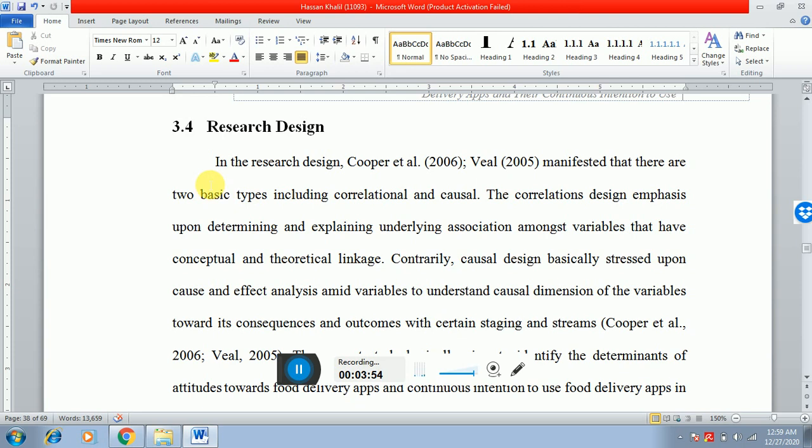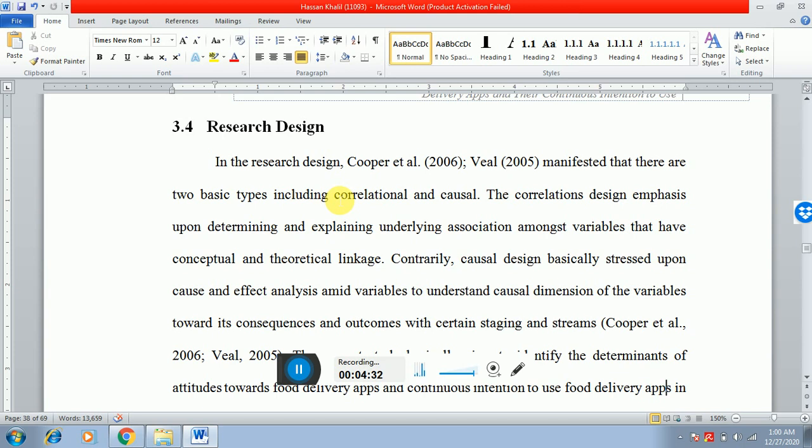Then research design. So basically research designs are of four types. One is descriptive, experimental, causal, and correlation. Descriptive, as I earlier told you, is what kind of research is called descriptive. Experimental studies are those studies in which you are going to perform some experiments, such as you are going to gather the data from 50 respondents by showing some kind of advertisement, or let's suppose you're going to give some burger, and then you are going to identify what is the impact of this burger on their health.